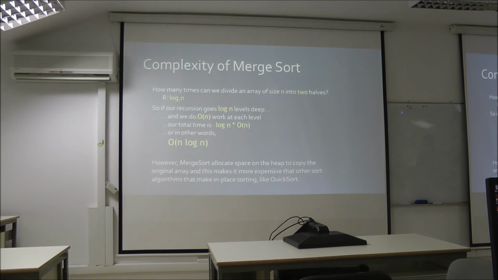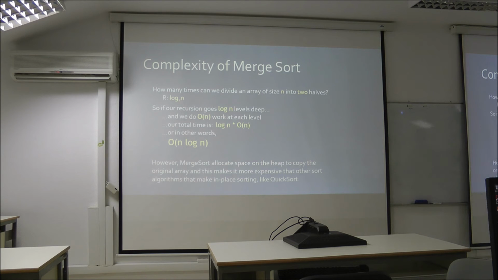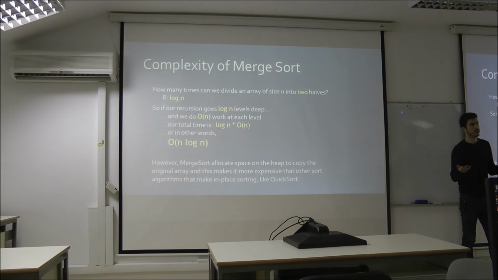So the complexity of the Mergesort will always be n log n, in the worst case and in the best case, because Mergesort is a sort where we need to divide the original array.